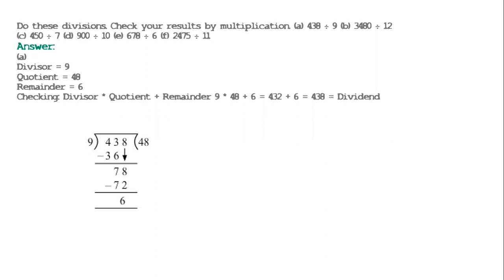If our division is correct, then the dividend will always be quotient into divisor plus remainder. This is a rule. Quotient into divisor: 48 into 9 plus remainder 2. 48 into 9, 4.